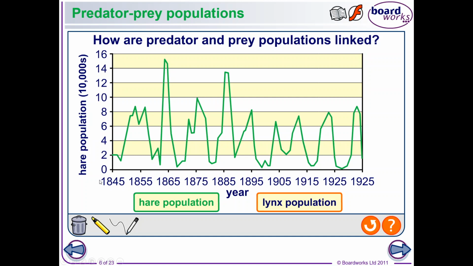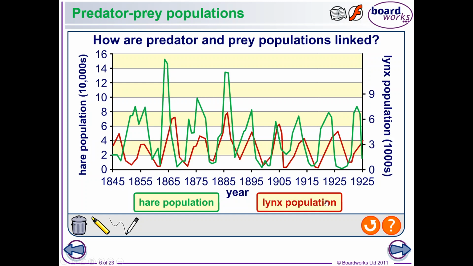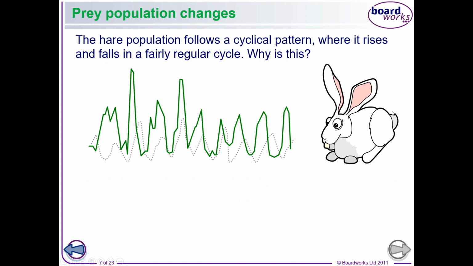So if we look at the hare population since 1845 to 1925, we can see that the population goes up and down pretty much every 10 years. There's a peak and then it drops again. If we then look at the lynx population, we can see that shows a similar trend as well. So the lynx population goes up and down, and we call this one a predator-prey relationship.